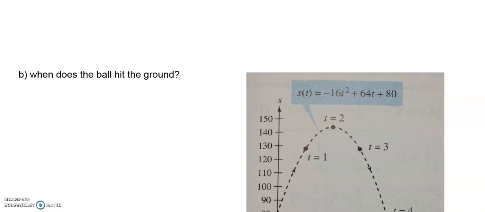Well, the position is 0, right? So in order to find where the position is 0, we are going to set the position function, the one we just had, equal to 0. So it would be negative 16t squared plus 64t plus 80 equals 0.